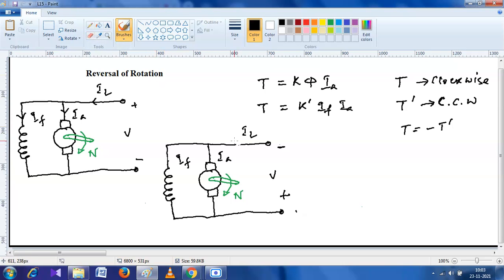So we have to change the direction of the current. ऐसा होना चाहिए. Yes or no? Yes sir.